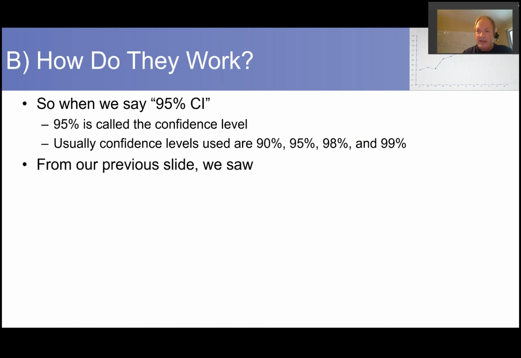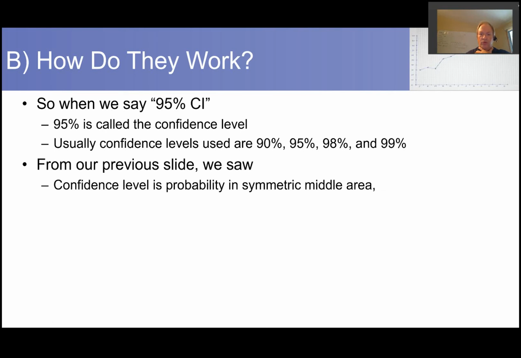Now, from our previous slide, what we saw was that the confidence level is the probability in that symmetric middle area. That 95% confidence interval told us to find the z-scores that contain the middle 95% of the values. And so the area in the tail was 1 minus the area in the middle portion, divided by 2.